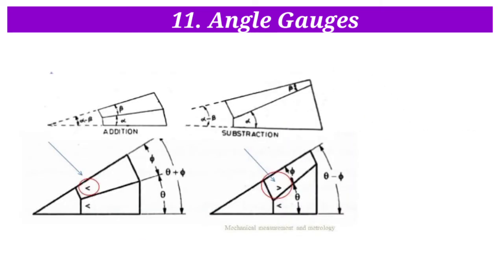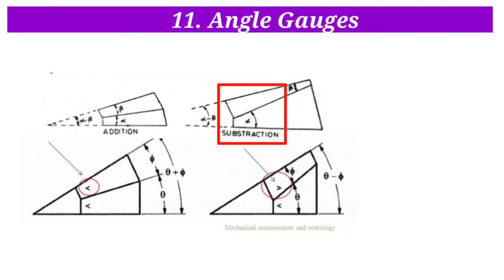Each angle gauge is a wedge. Thus, two gauges with their narrow ends together provide an angle which is the sum of the angles of the individual gauges. Subtraction of angles is obtained when the narrow ends are opposed, as shown in the figure.